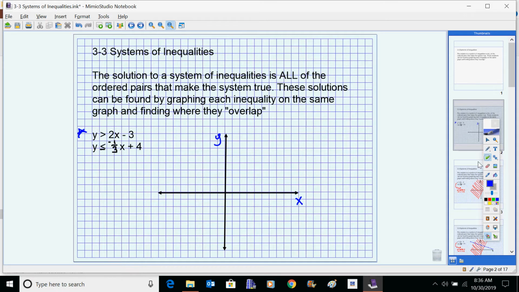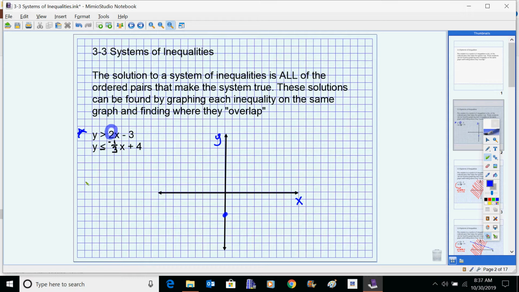As you get ready to do that, we see it's in mx plus b form, so we can start at our y-intercept of -3. And then we can take our slope, and our slope is, what's our slope? 2. So it's 2 over 1 for this.